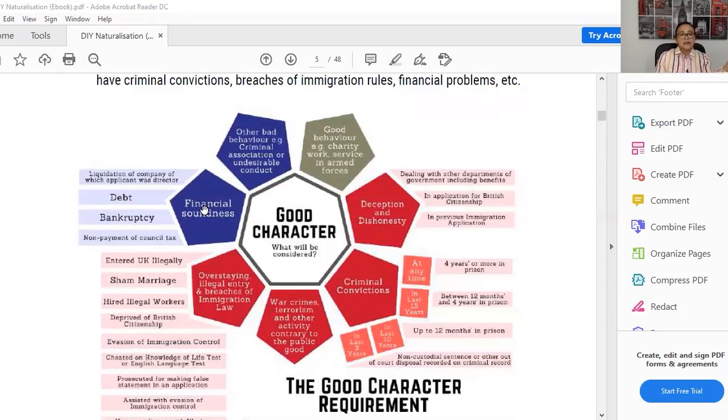It just means that if you have a county court judgment, the Home Office will usually ask what evidence you have to show that you have started making payments towards the court order. An example of this is I had a client who came to me. She had a county court judgment against her and her ex-husband because she was separated at the time.